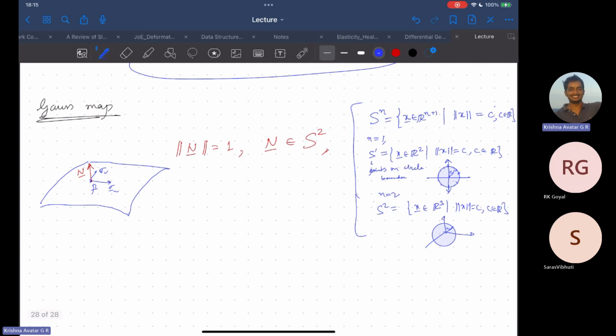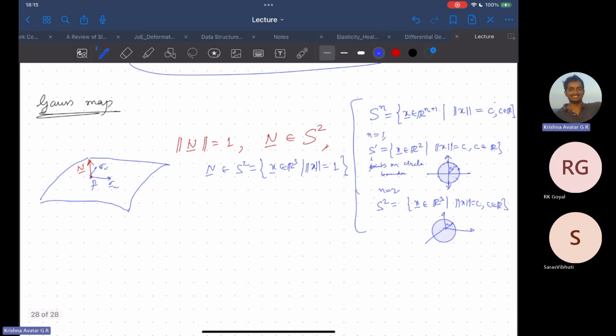So the n vector is a unit vector, it's unit norm, which is a constraint. So in this case, the n vector is an element of S2, which becomes X an element of R3, such that the norm of X is equal to 1.